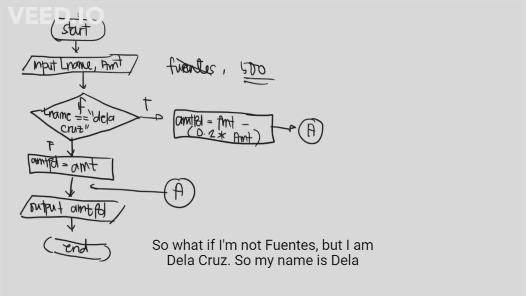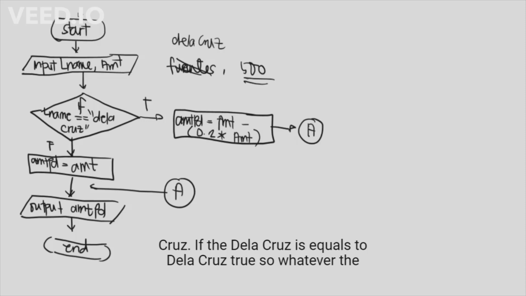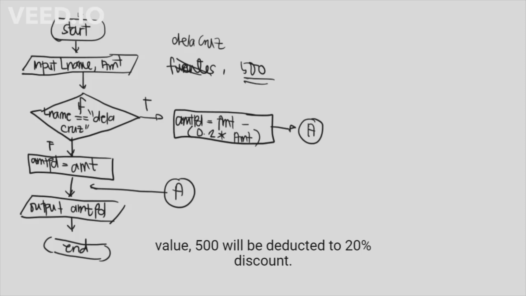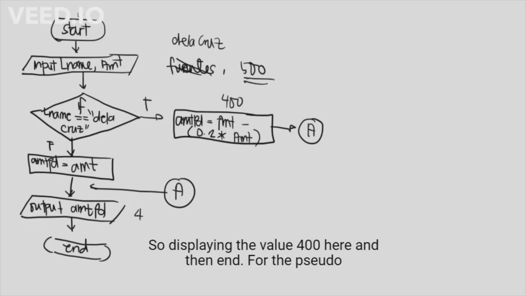So what if I'm not Fuentes but I am De La Cruz? So my name is De La Cruz. If De La Cruz is equals to De La Cruz, true. So whatever the value 500 will be deducted to 20% discount, and that's, for example, 400. Go to A. A is here, so displaying the value 400 here, and then end.